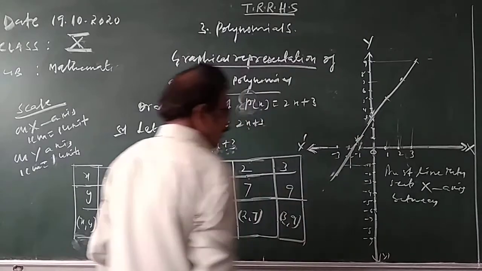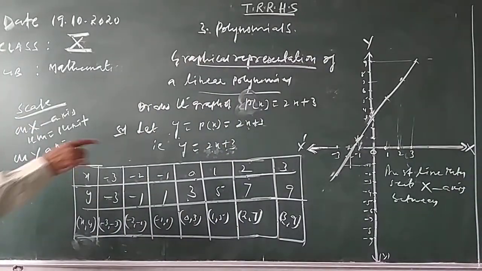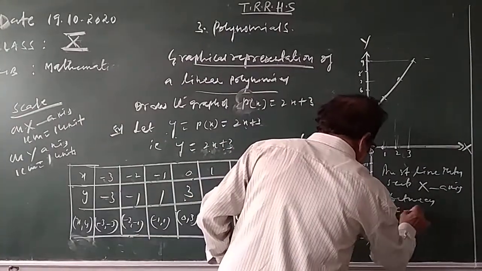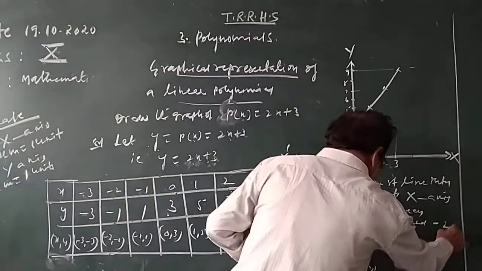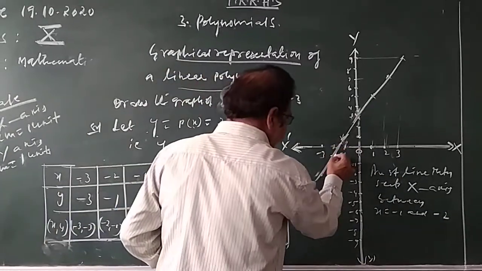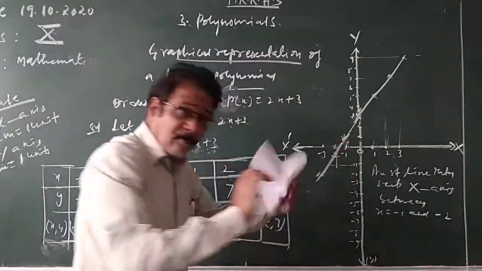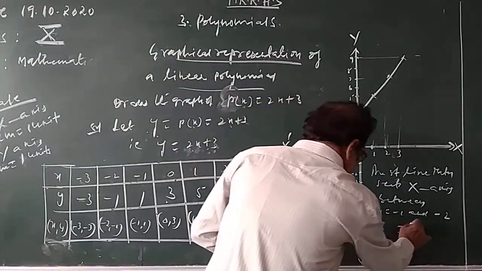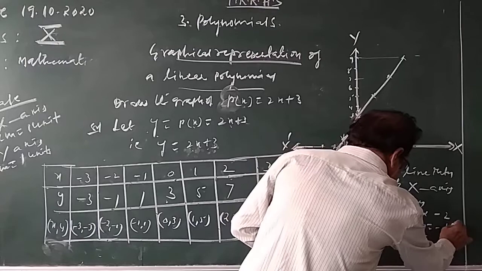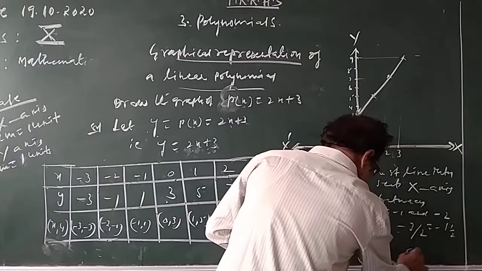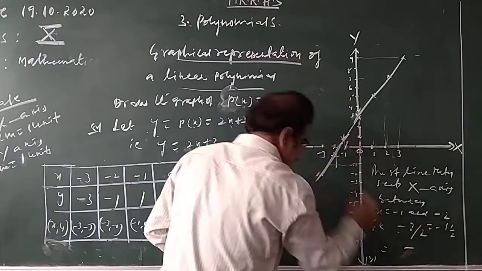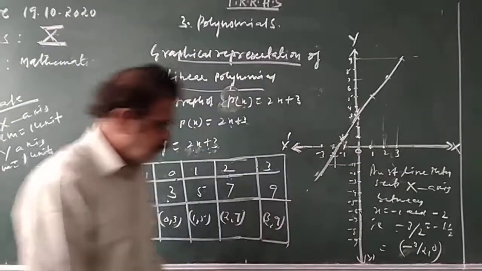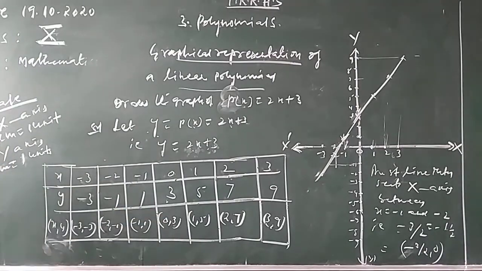The line comes like this. The straight line intersects the x-axis between x equal to minus 1 and minus 2, which is minus 1.5, that is minus 3 by 2. Since it intersects the x-axis at minus 1.5, y will be 0. So the solution is minus 3 by 2 and 0.